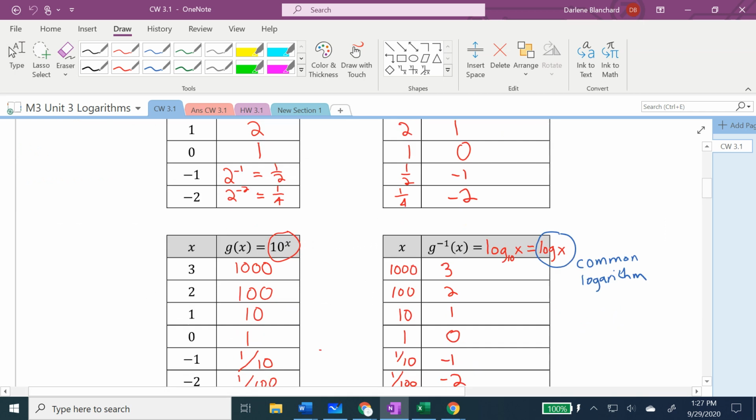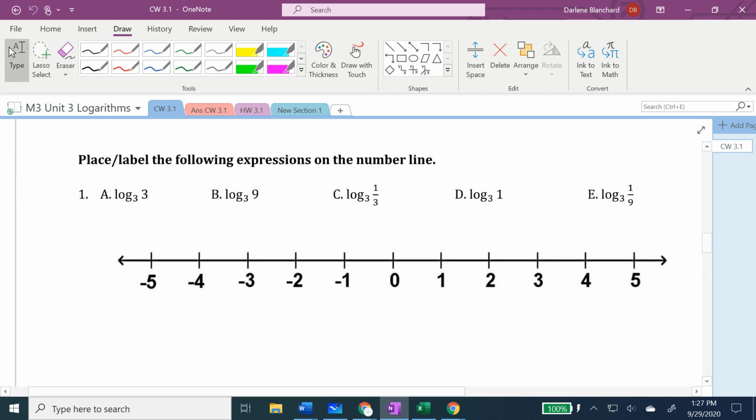Okay, the next piece is, can you look at these logarithm expressions and figure out what number they are? And I'm going to take you through this and color code a little bit. I'm going to make base blue.